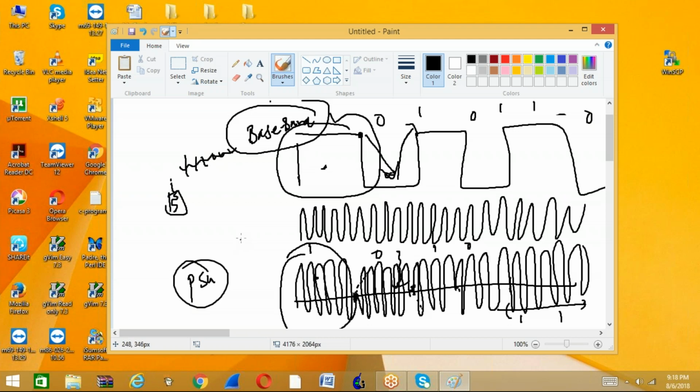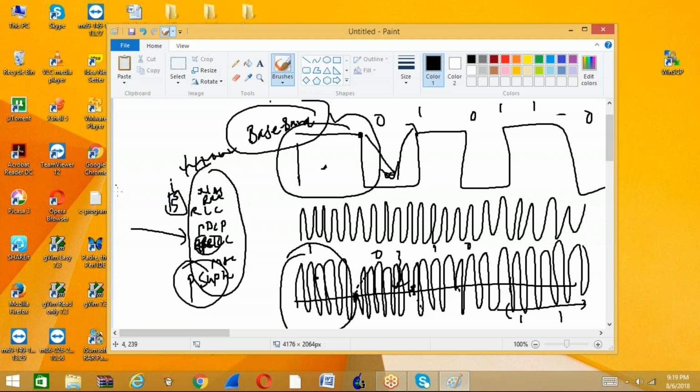Baseband signal means even your protocol stack. Sometimes there will be a question in the interview. Your NAS, RRC, PDCP, RLC, MAC, PHY, all these things come under baseband only.